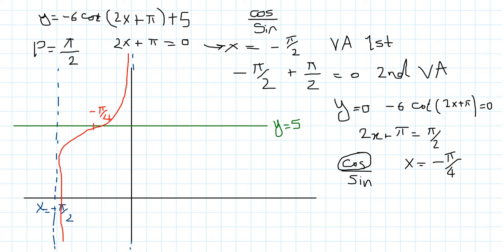Now we want to continue with the graph of y equals 6 cot(2x plus pi) plus 5. Here the coefficient of cot is positive. I know everything about this.